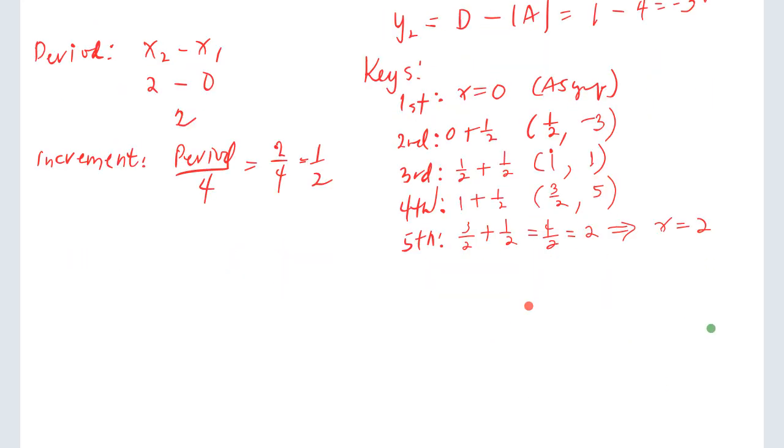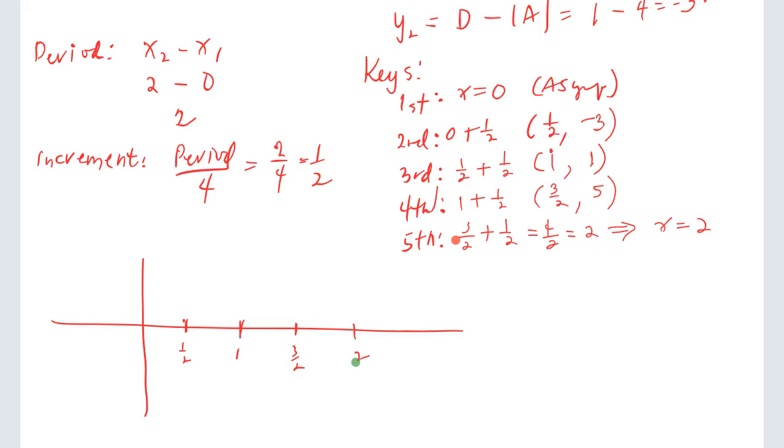So I will now begin graphing the function. We are now going to draw the key numbers here: 0, then 1/2, 1, then 3 over 2, and then 2.